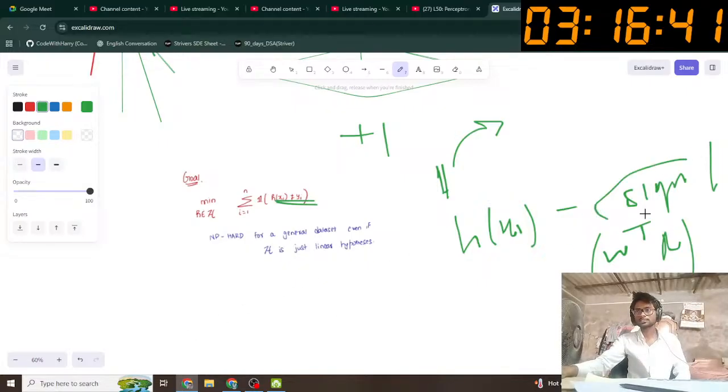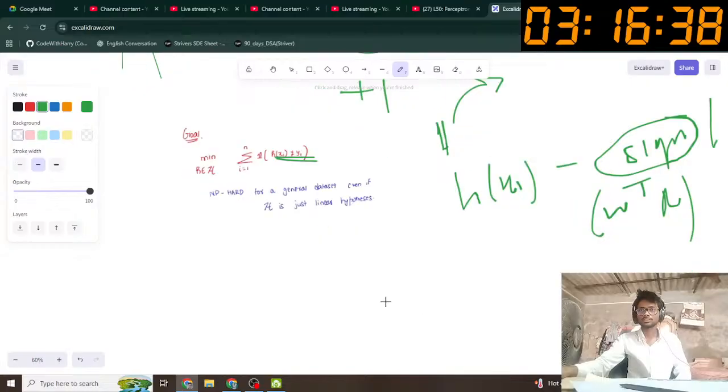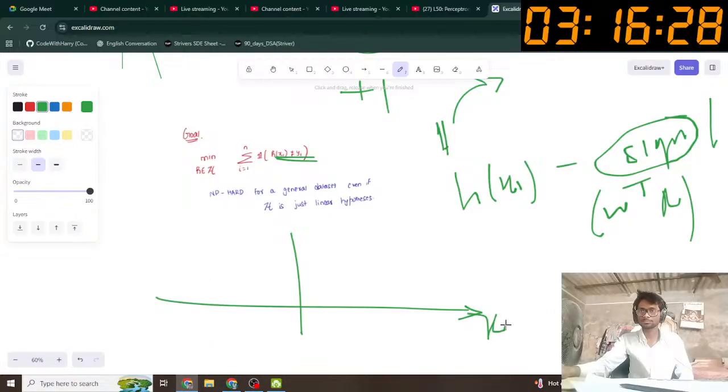So signum is simply a step function. How this function looks is that if x is negative, like if x lies in this region, then the answer is simply -1. Here we could see that there is an open hole, and this point is -1.